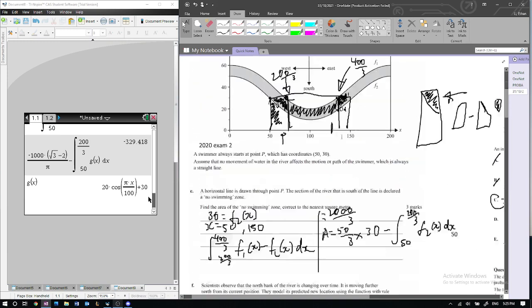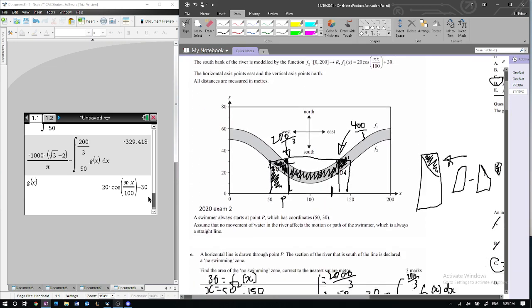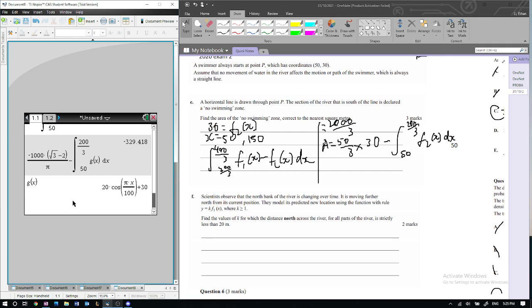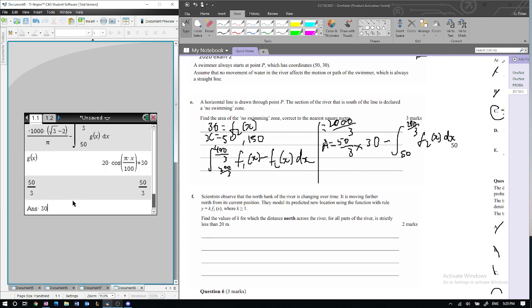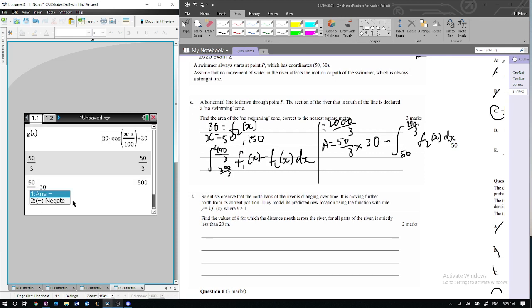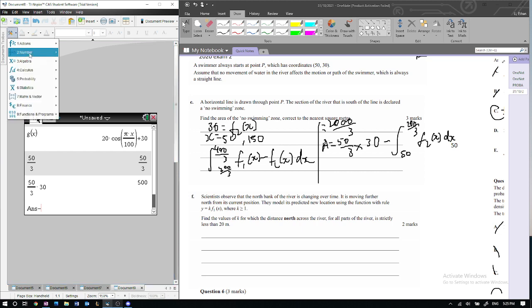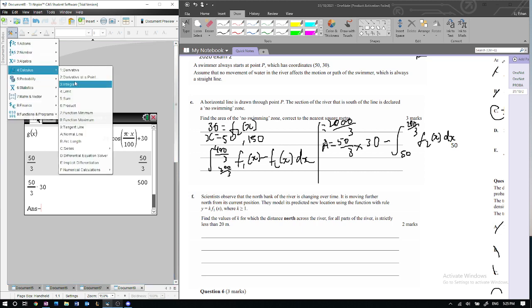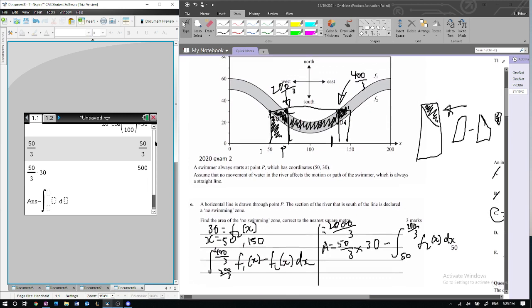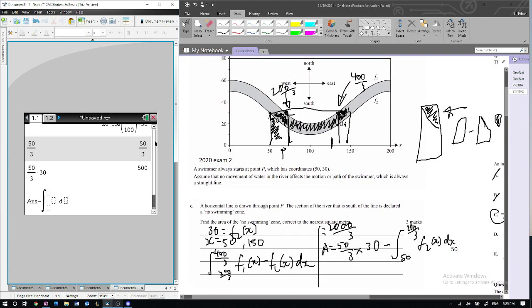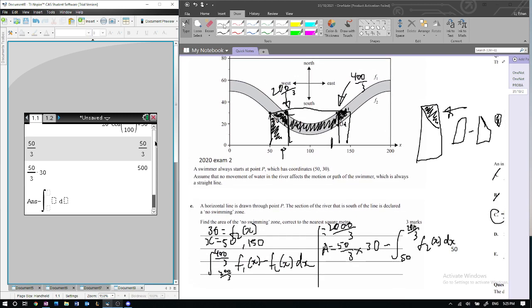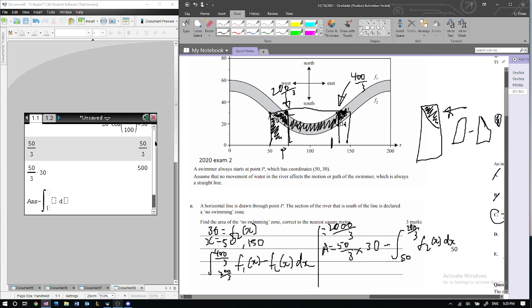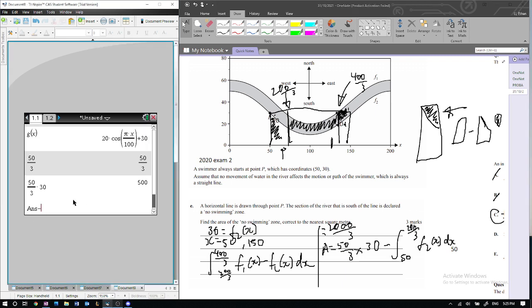Okay, so that's 20 cos pi x over 100 plus 30. Wait, let me just try this again. Times 30, 500 minus the integral of, I'll just check the terminals again. So solve 30 is equal to g of x.